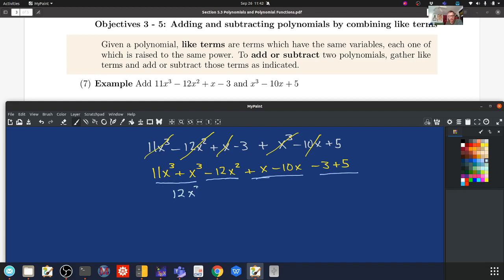And what was that something? It was x cubed. Well, there's only one degree 2 term, which is a squared term. Now you have 1 of something and you subtract 10 of that something, so you end up with minus 9 of that something. So x: 1 minus 10 is minus 9x, and minus 3 plus 5 is plus 2. So pretty easy. 12x cubed minus 12x squared minus 9x plus 2.